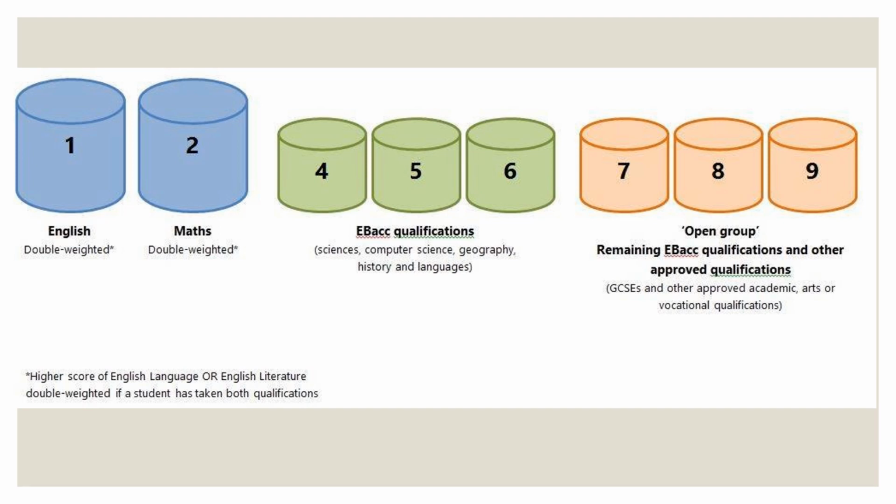Then, as you can see, pots 4 to 9 can be filled in a number of different ways. So what happens is the top grades are taken, so the highest grade a student gets to fill those pots, and then they get a score. So simply the grades are added up, and that equals the Attainment 8 score.